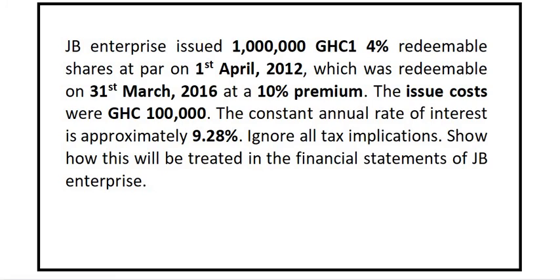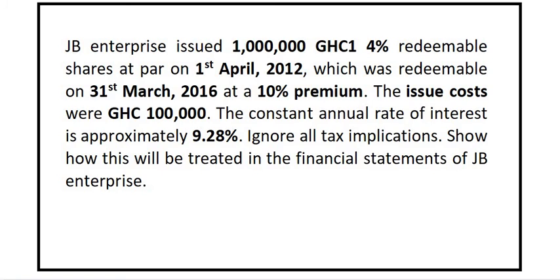In this problem, we have JB Enterprise. As we've been doing, we will read the question, discuss it, and find a solution to it before we work it out. JB Enterprise issued 1 million 1 Ghana cedi 4% redeemable shares at par on 1st April 2012, which were redeemable on 31st March 2016 at a 10% premium.